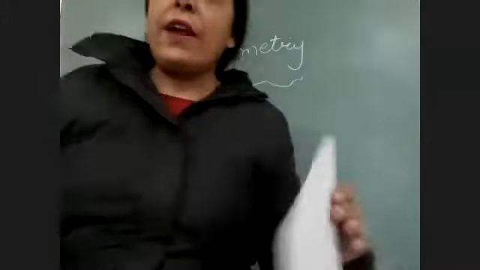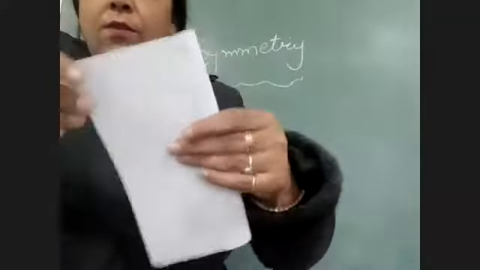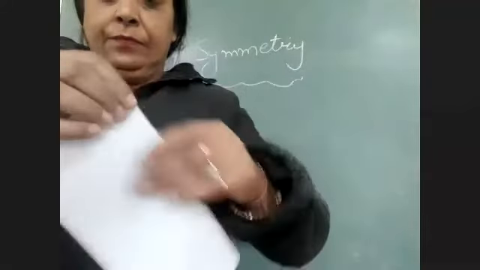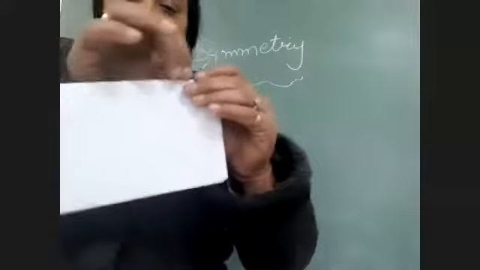Now, the next example is a square. Now find the line of symmetry of a square. Again, hold your paper like this. So the first line of symmetry of a square is this.